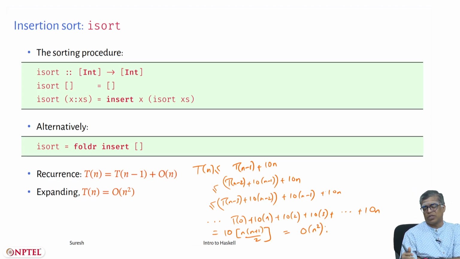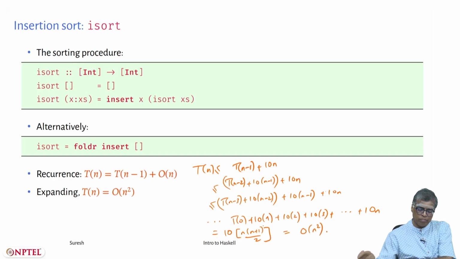You can have some other constant, let us say 20 n squared, and even 20 n squared will be greater than or equal to this thing on the left. So insertion sort takes time order n squared, the number of steps.